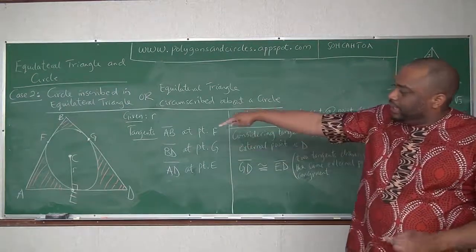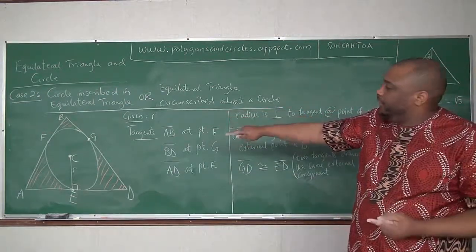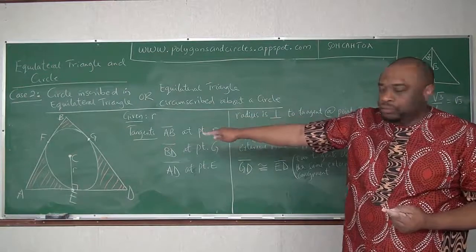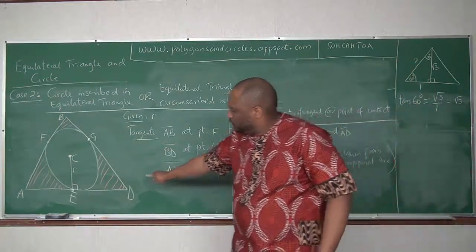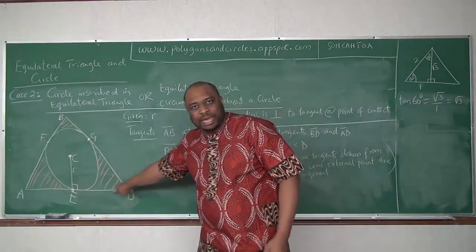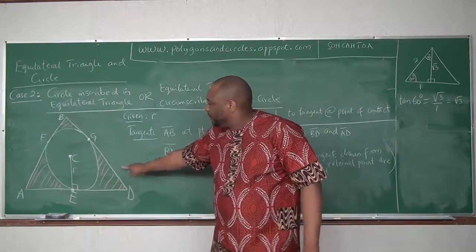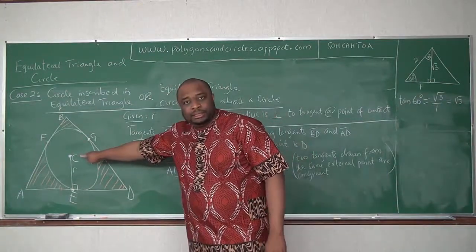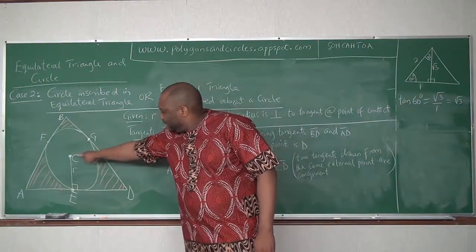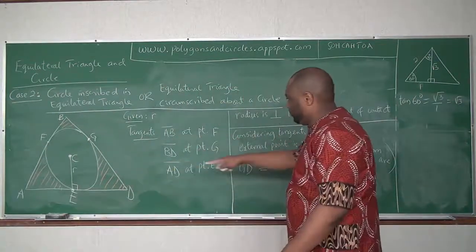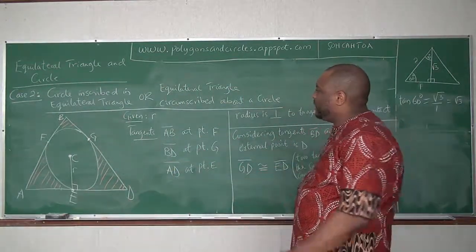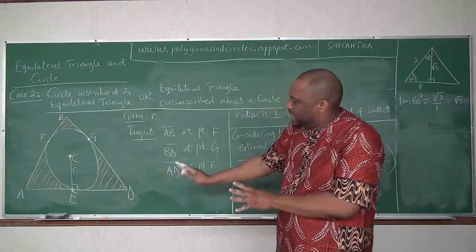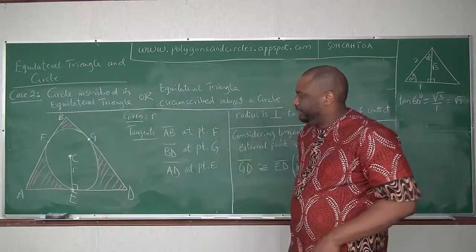Number two, the line from the center of the circle to the external point. Of course, we have radius is perpendicular to the tangent at point of contact. We want to consider tangents BD and AD.